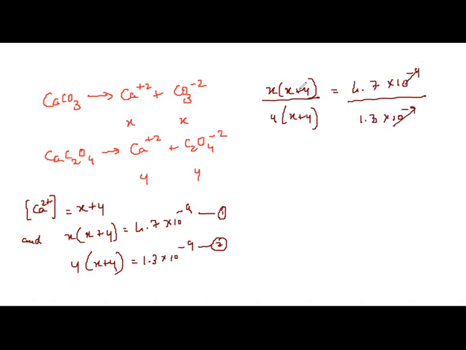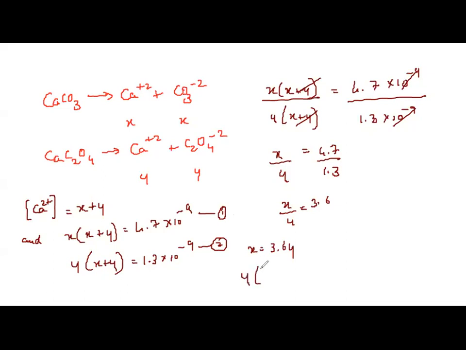This gets cancelled, this gets cancelled. Therefore, X by Y is equal to 4.7 divided by 1.3. Solve it out. X by Y is equal to 3.6, or say X is equal to 3.6Y. Now put this value in equation 2. What is equation 2?